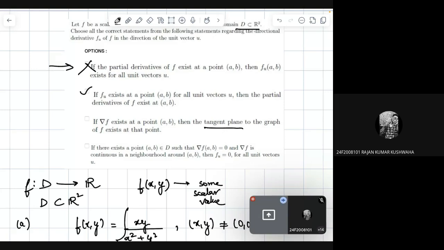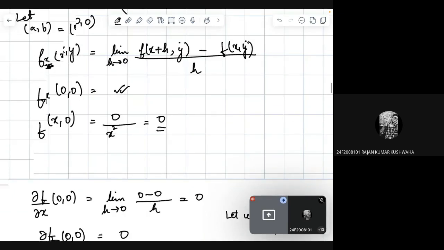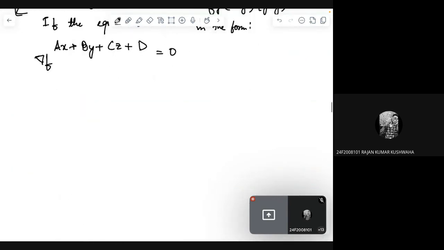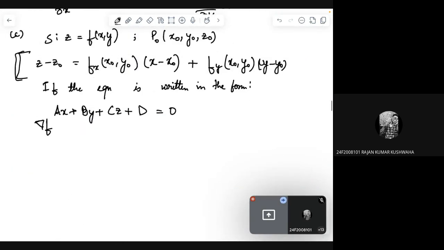So when the gradient exists, the partial derivative exists, but when the partial derivative exists, the directional derivative may not exist. And look at the equation for the tangent plane. We need the directional derivative here.